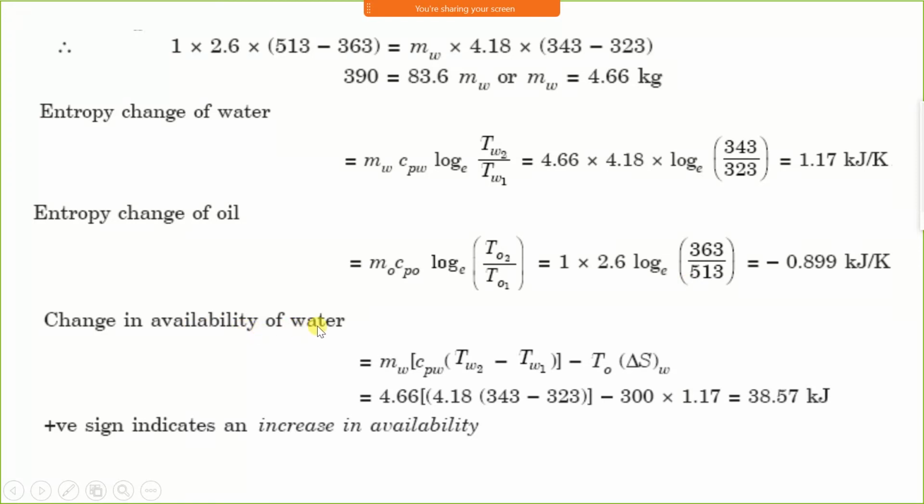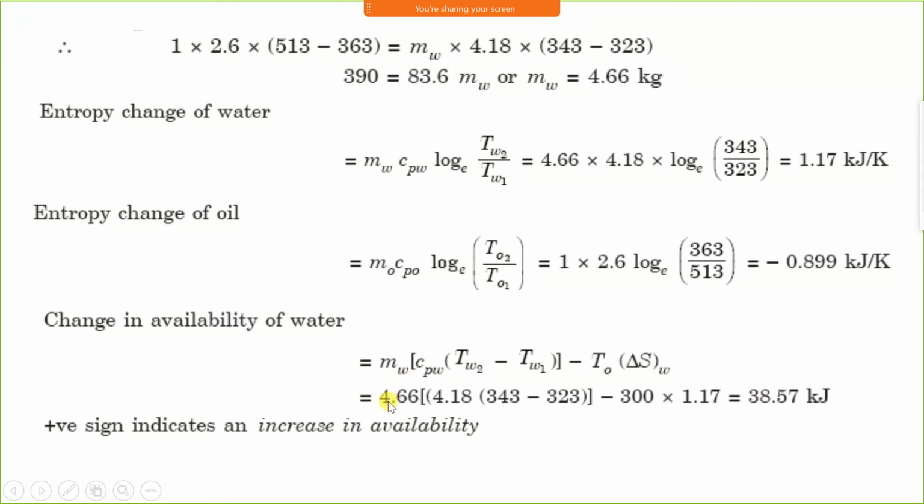Change in availability of the water. We have to calculate the change in availability of the water. Change in availability of the water is m cp (TW2 minus TW1) minus T0 times the change in entropy of water. We can say this is heat supplied minus heat rejected. Availability is nothing but work done, and work done is heat supplied minus heat rejected. In this way, you can remember this formula: m cp (T2 minus T1) of water minus T0 delta S of water, the change in entropy of water.